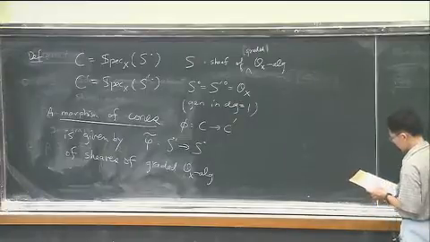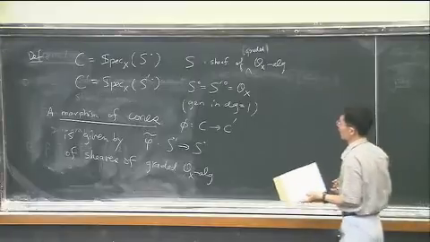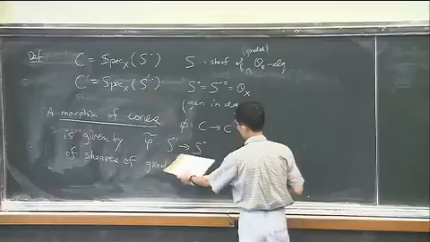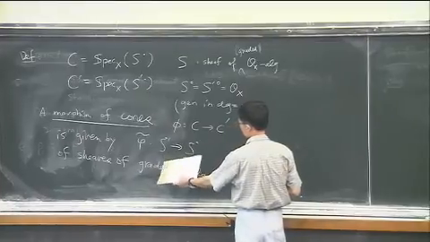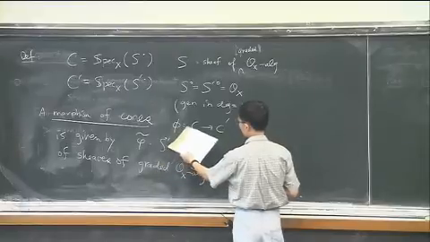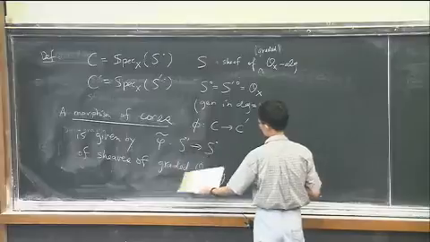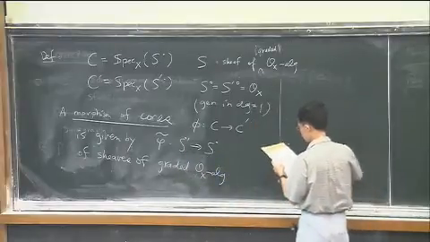So a morphism of cones comes from what we know as a morphism of sheaves of graded OX algebras. Because cones are constructed out of that, I define the morphism of cones this way. So that's the first thing.